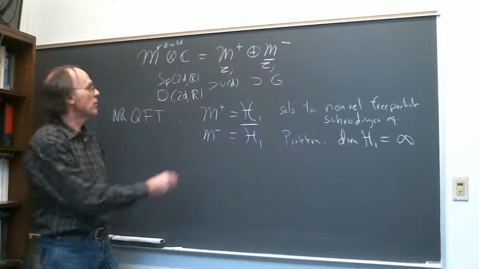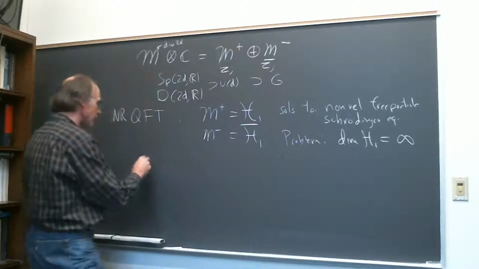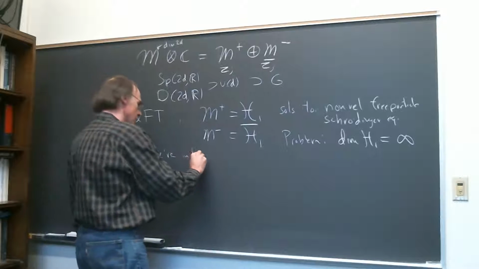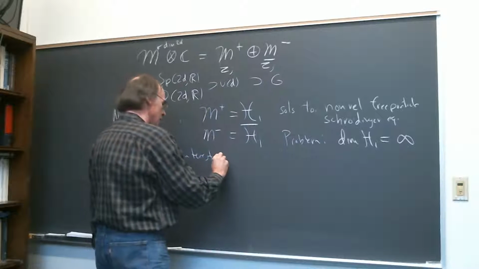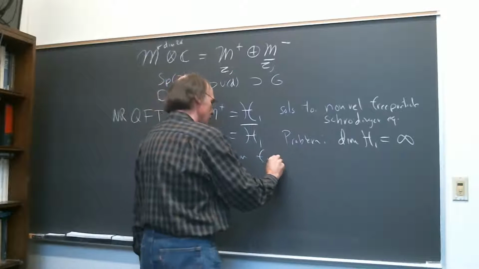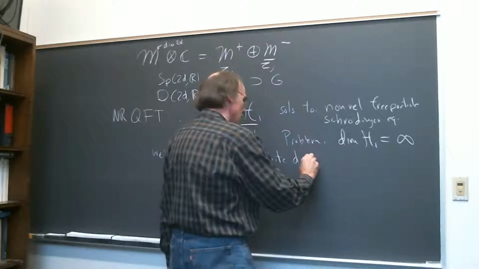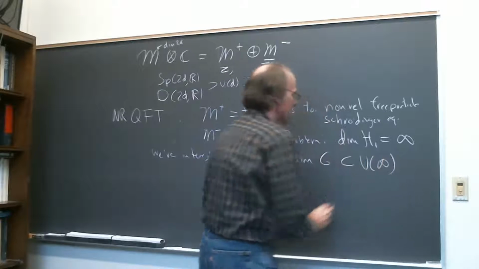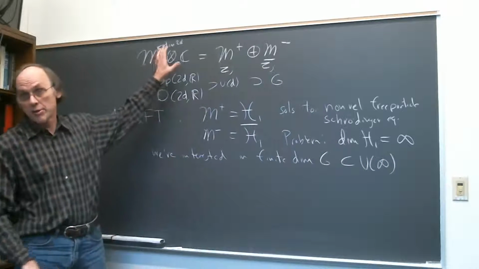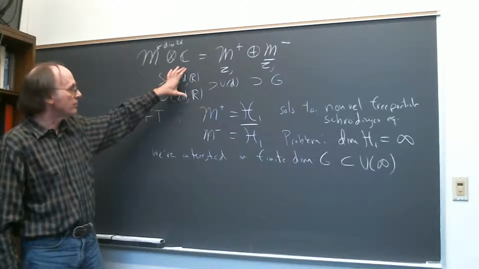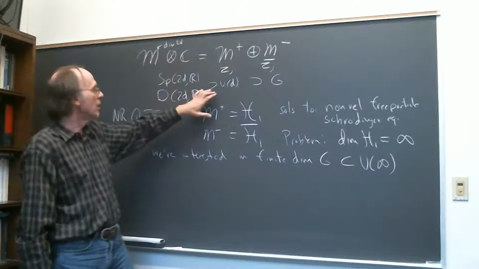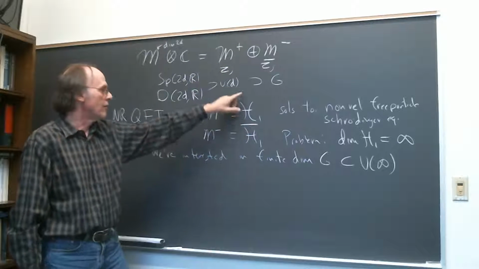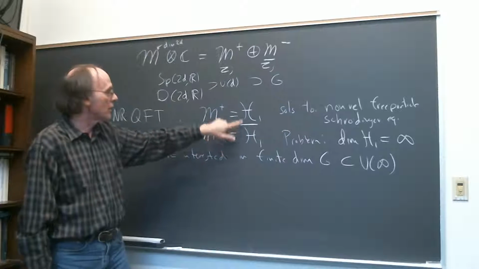Here we're interested in finite G, which are lying inside U of infinity. In some sense, the group of symmetries of this thing is going to be a unitary group, the group of all the unitary transformations acting on these spaces.